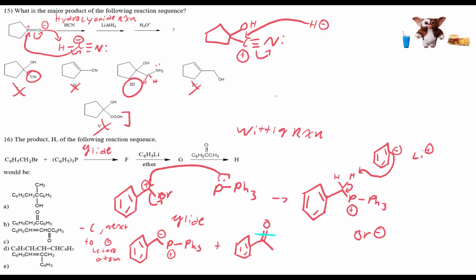So what you should get, and I'm going to draw it over here, is that you should have the benzene ring, of course. This right here, and of course a double bond. Now what do we attach on the other side of the double bond?